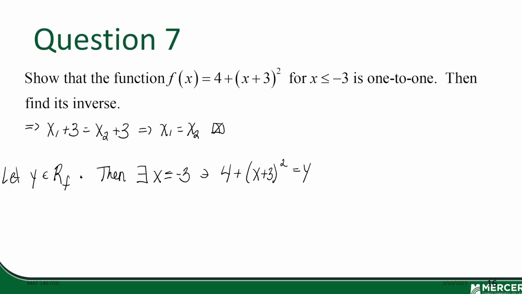Then we know that there has to be an x in our domain satisfying that relation. Solve for x. Right, x plus 3 squared has to be y minus 4. Which means that the absolute value of x plus 3 has to be the square root of y minus 4.